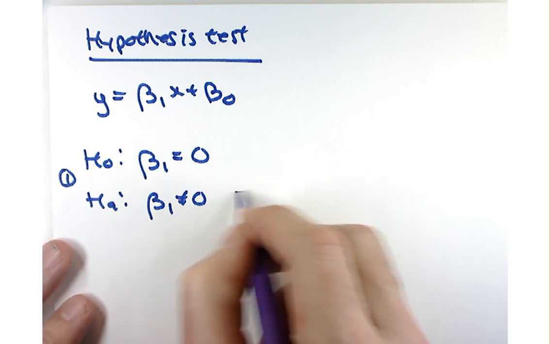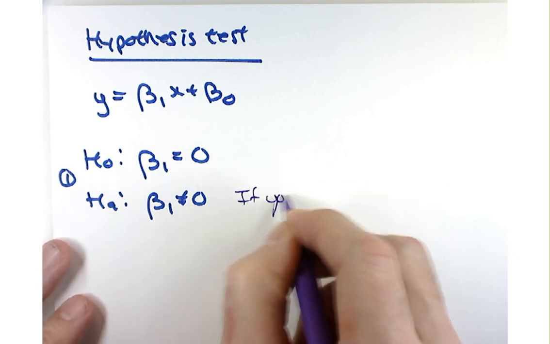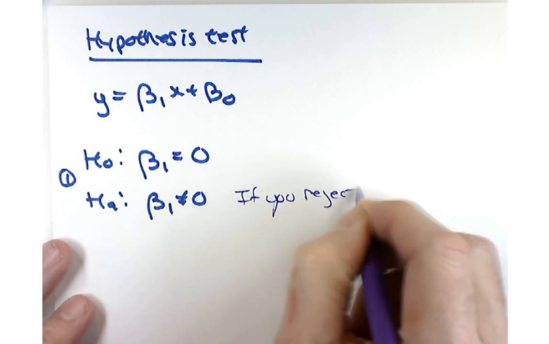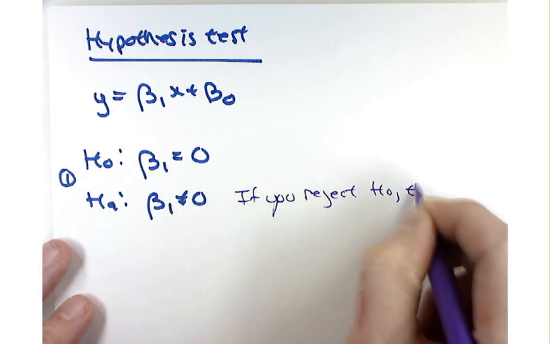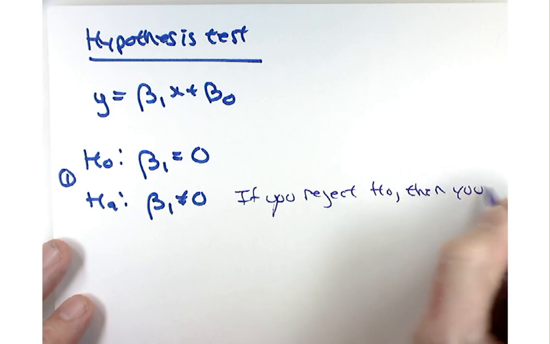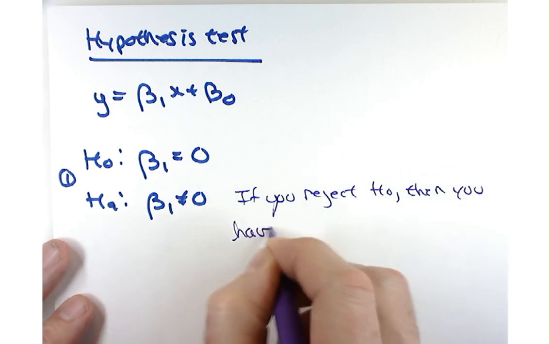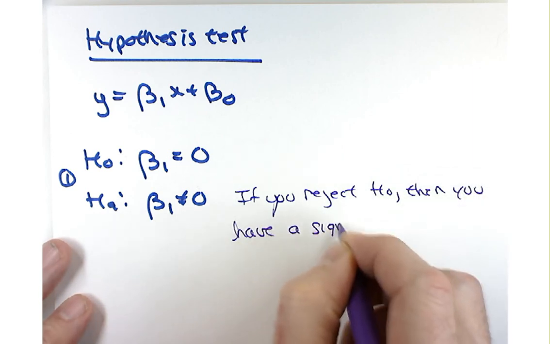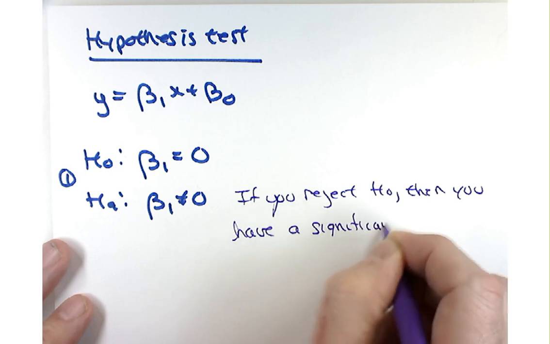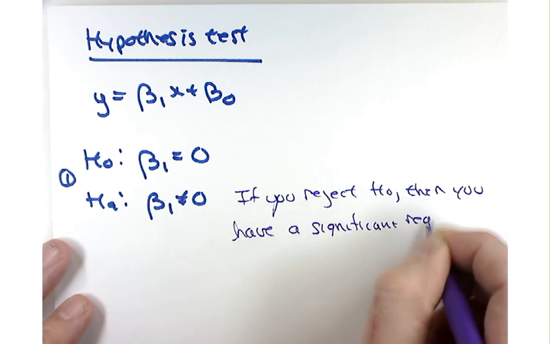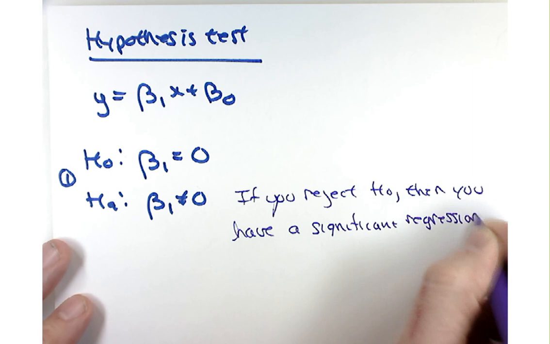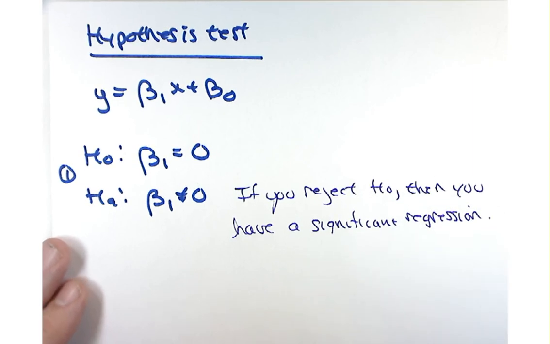If you reject h0, then you have a significant regression. And what does that mean? It means that the slope of the line is different than 0. That knowing the value of x gives you information about the value of y.